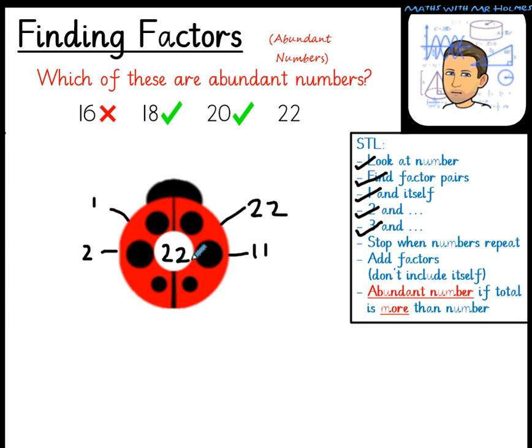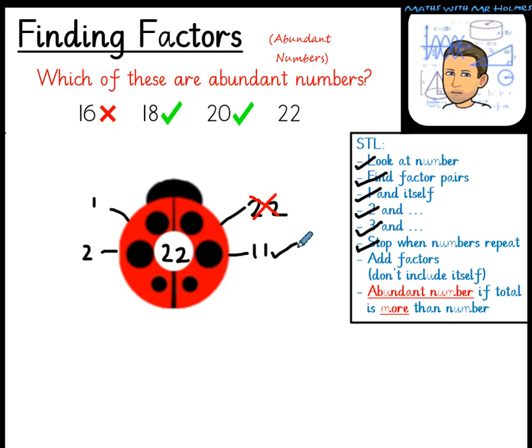Is it in the 6s? No. 7s? No. 8s? Not in the 8s. Not in the 9s. Not in the 10s. It doesn't end in a 0. The 11s, but we've repeated and we've got to that magic halfway mark. So we're going to stop. We're going to add the factors up. But we do not include the number itself, so cross 22 out, and let's add them up.